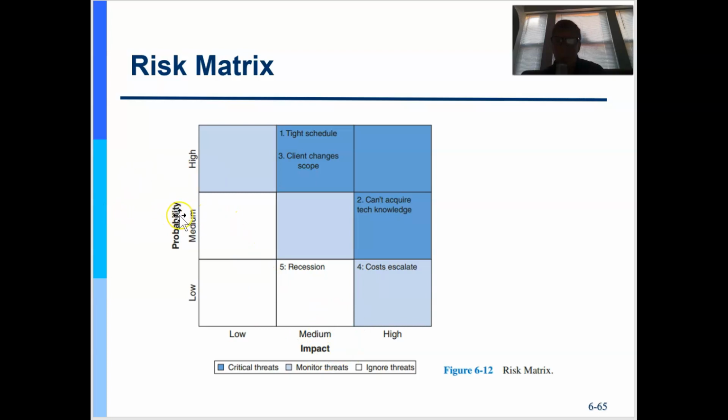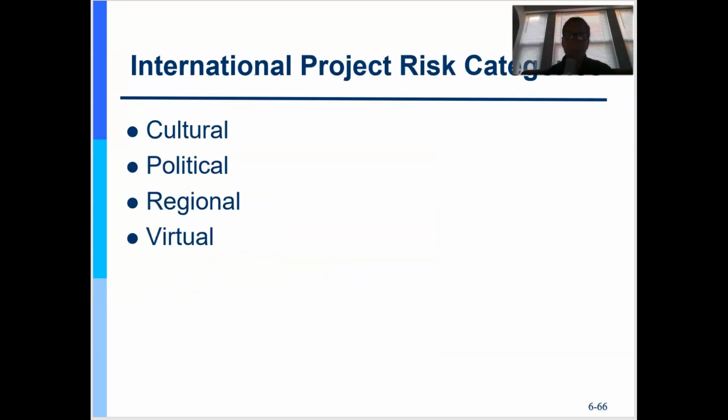If I have something that's highly probable, it's going to happen, and its impact is huge, I am going to develop a response to it, right? Where something is very low probability and low impact, I still want to identify it. It can change over time, so I monitor it, but I may not do anything about it right now.